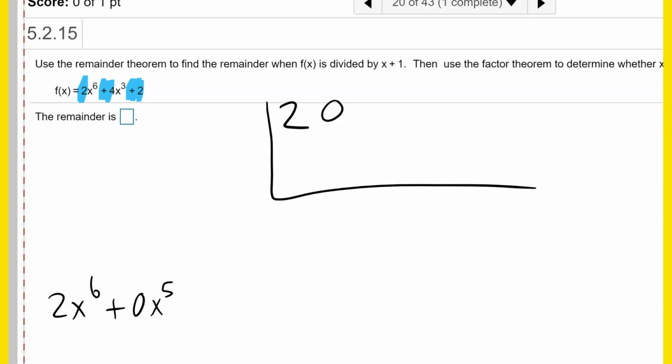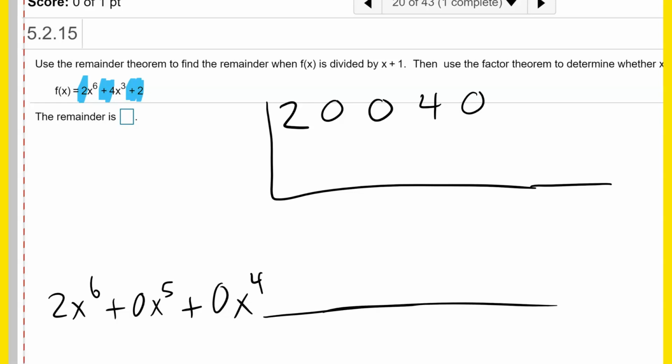Notice also there's no x to the 4th term. That's what needs to come next, so I'm going to put a 0 as a placeholder for that one too. Then the x to the 3rd comes next, which I do have. That's a 4. But then I don't have an x to the 2nd, so I'm going to put a 0 there. I'm just writing that to give you an idea of why we're doing what we're doing.